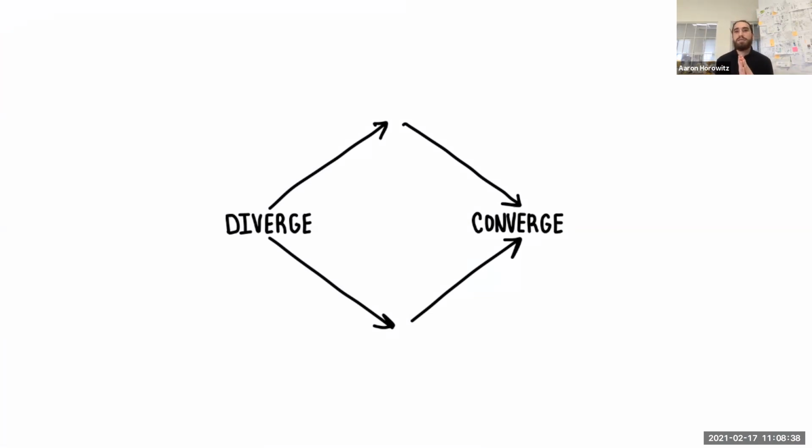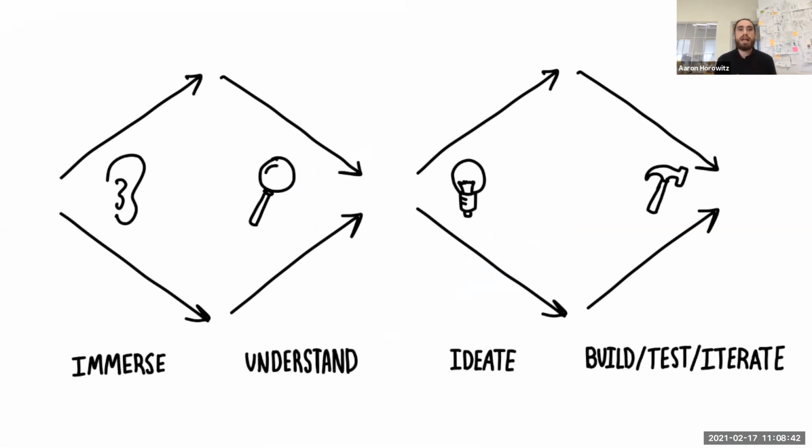It's this process of diverging and converging. So you immerse yourselves with end users, you conduct these interviews, and you diverge. You learn this vast amount of information. And then we seek to understand it. We use all sorts of different qualitative research methods to visualize our learnings, to help us wrap our arms around what the core insights are, and the opportunities to solve the problems that this end user is addressing.